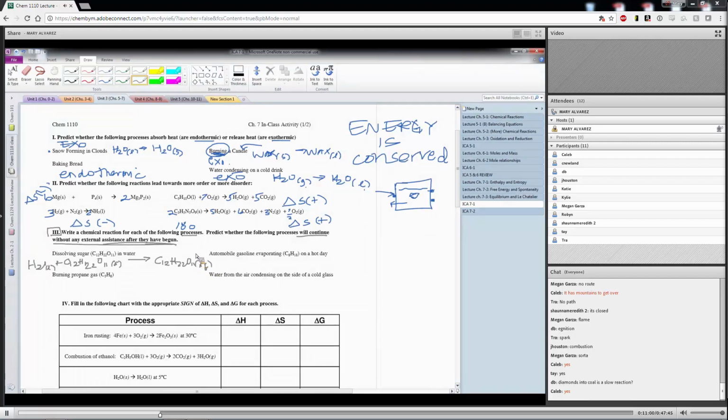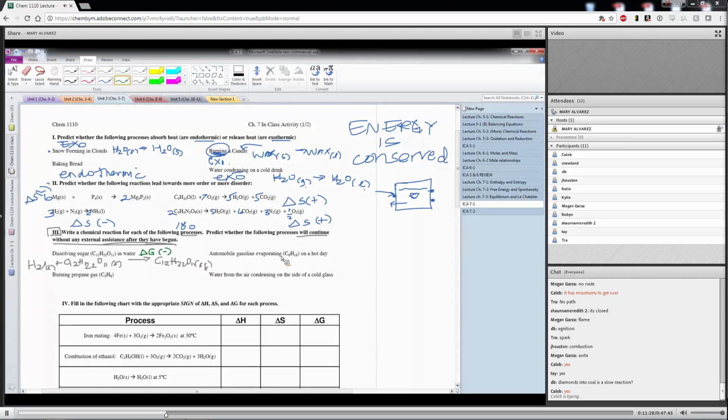DB, diamonds into coal is such a slow reaction that the rate is essentially zero. We can say it just doesn't happen. Caleb is exactly right. This is spontaneous because sugar does dissolve in water. You guys should know this is the level of common sense I expect you to bring to an exam. You should know that sugar dissolves in water.